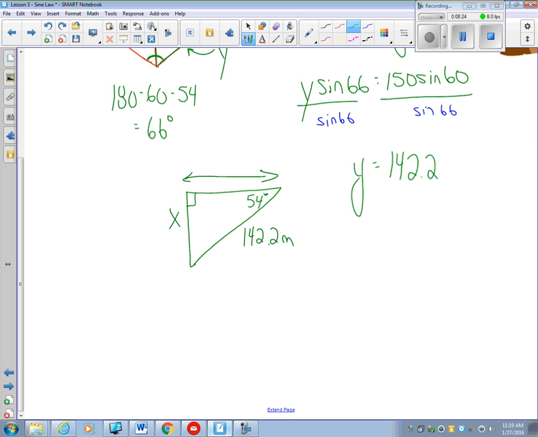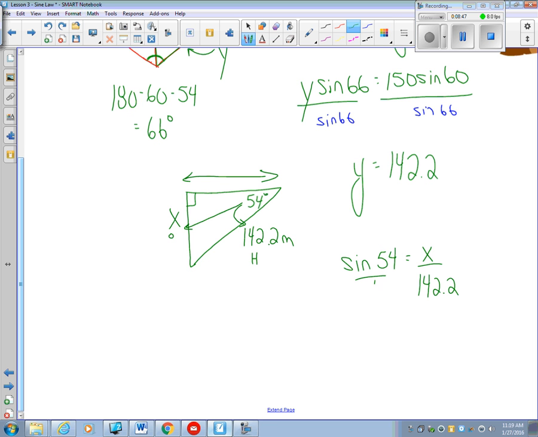Okay, so if I want to solve for x now, I can go back to right angle triangles. There's my opposite. There's my hypotenuse. That's a SOHCAHTOA question, right? And specifically the sine. So the sine of 54 goes with x over 142.2. We're going to cross multiply that.